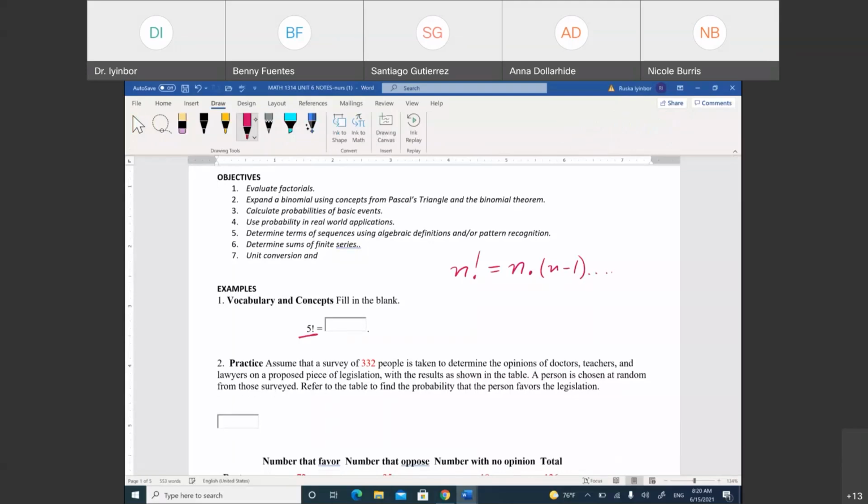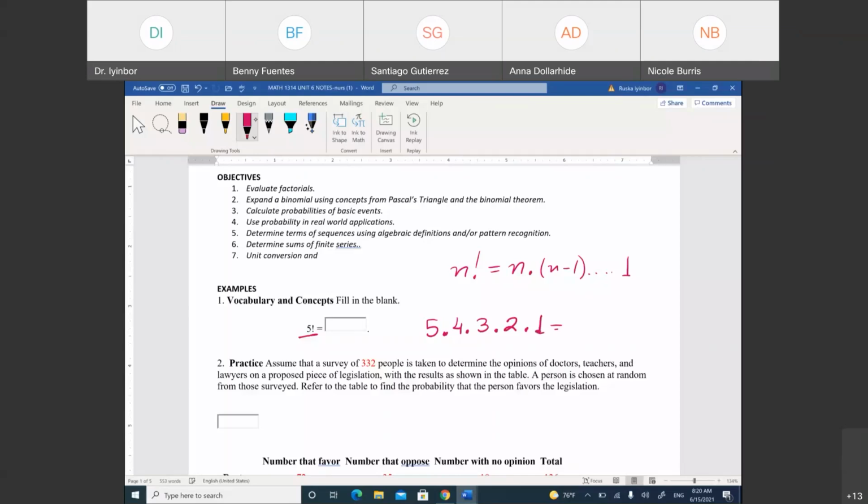Okay? So if I want to do 5 factorial, I start with 5 times one number less, 4, one number less is 3, times 2, times 1. So 5 factorial is 5 times 4 times 3 times 2 times 1, and then I'm going to get my answer.